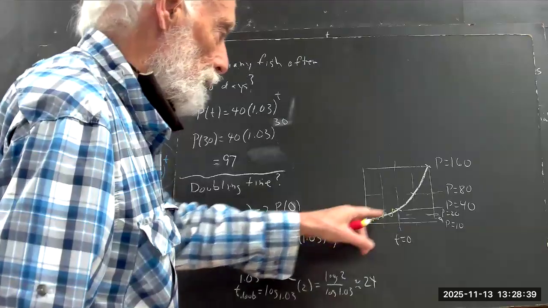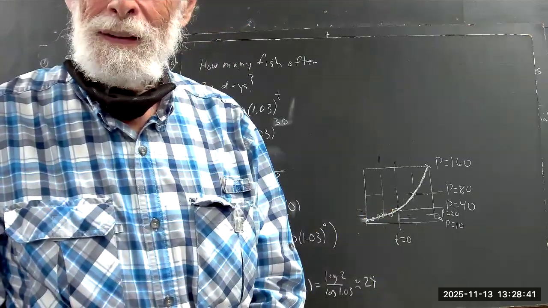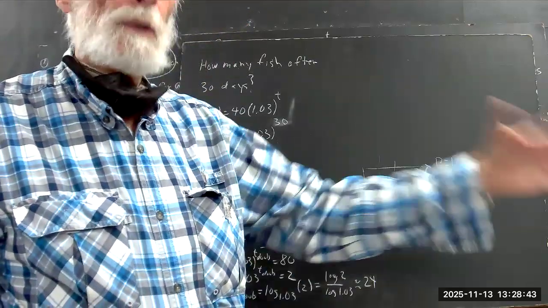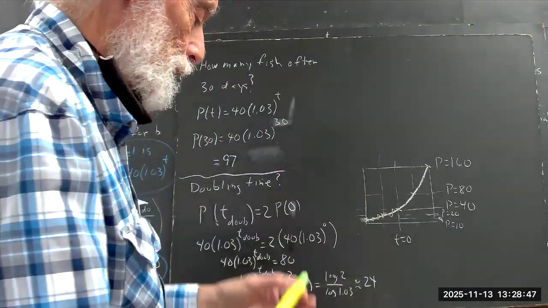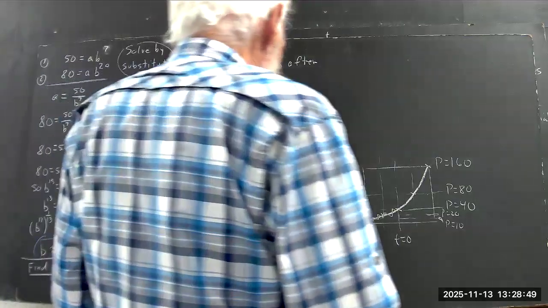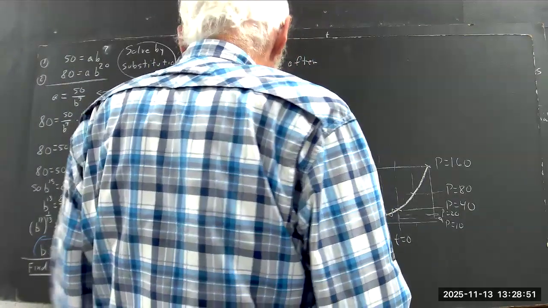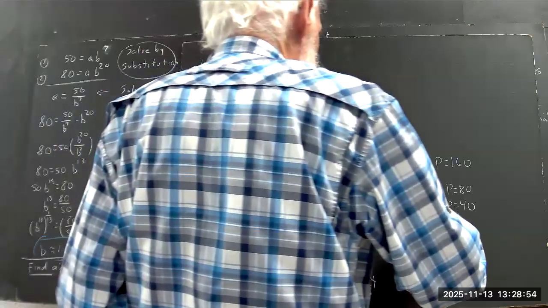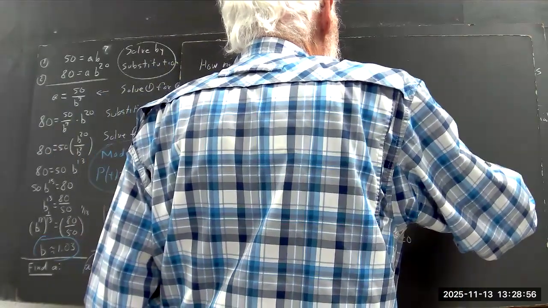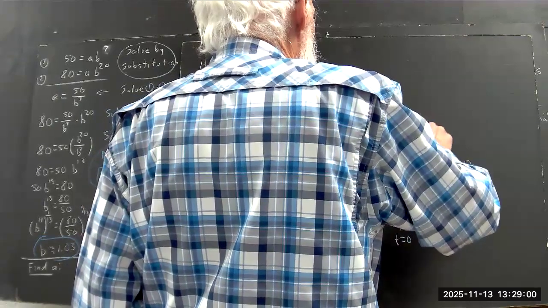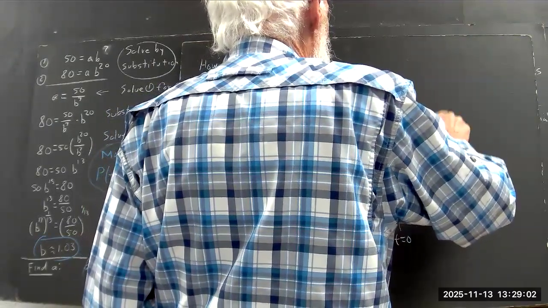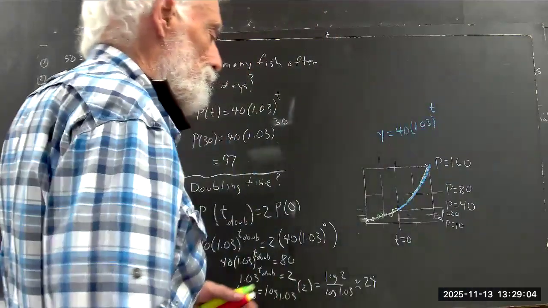It doesn't correspond to any reality that's associated with the thing we're looking at. In other cases it might, but in this case it isn't. Okay, so now we've got this curve. It is a good representation of y equals 40 times 1.03 to the t.